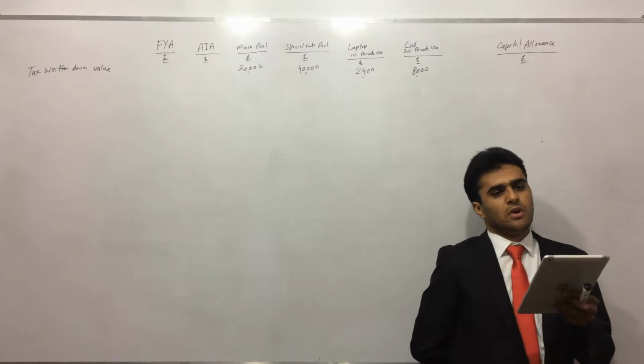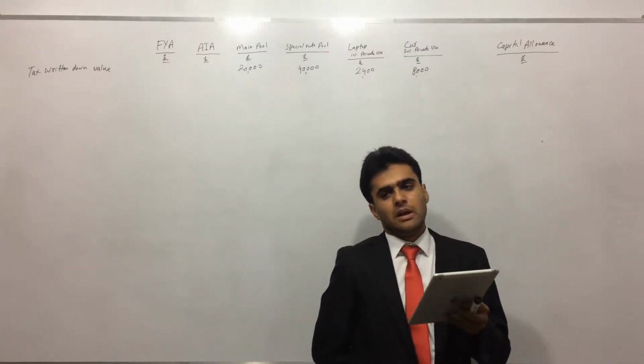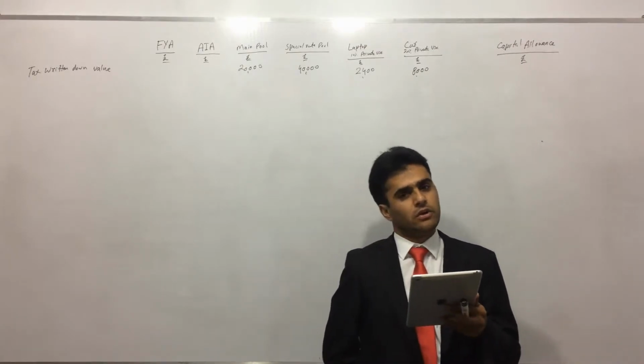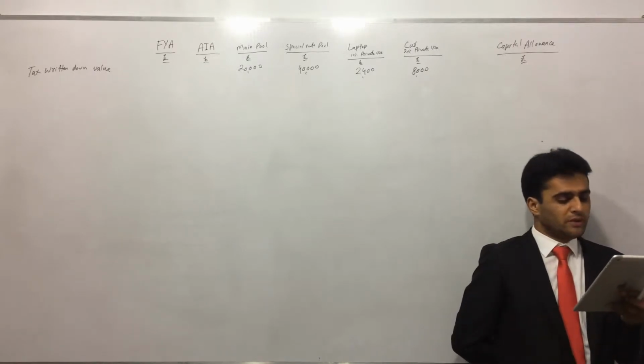The salesman is using 10% for private use, so what does it mean? The salesman is not the owner, he's just an employee, so we will just ignore this, because it is personal use of the salesman.